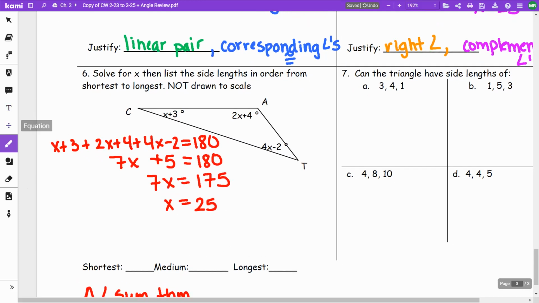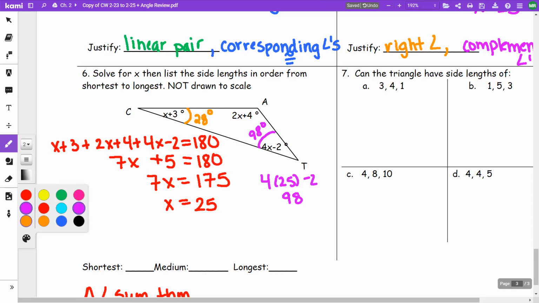So this first angle here that I'm going to do in orange is going to be 28 degrees. This angle here that I'm going to do in, let's say, purple, that's going to be 4 times 25 minus 2, so that's 100 minus 2, which is going to be 98 degrees.